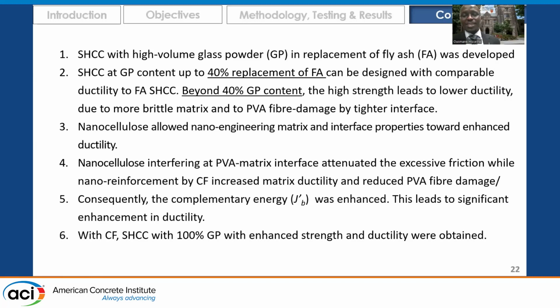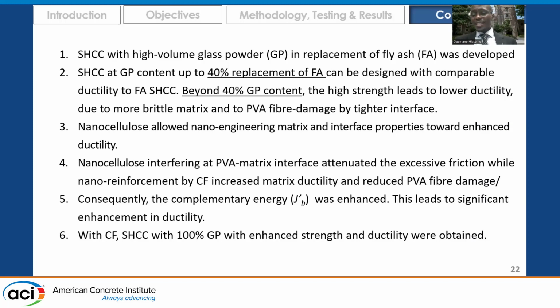So we end up saying here that using ground glass in replacement of fly ash, new strain-hardening cementitious composites, more environmentally friendly, were obtained. The replacement of fly ash by ground glass was limited to 40% because of the significant brittleness that comes with the ground glass addition.